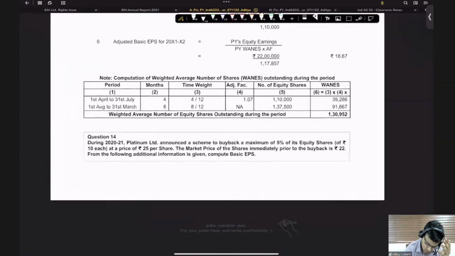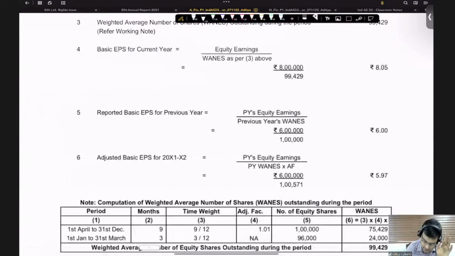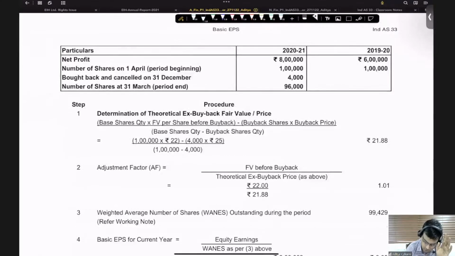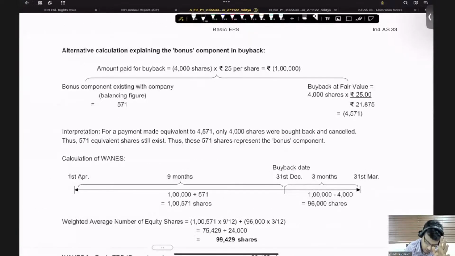Based on a similar concept, similar treatment, I want you to try the buyback also. There is a bonus component in buyback, which I have discussed.